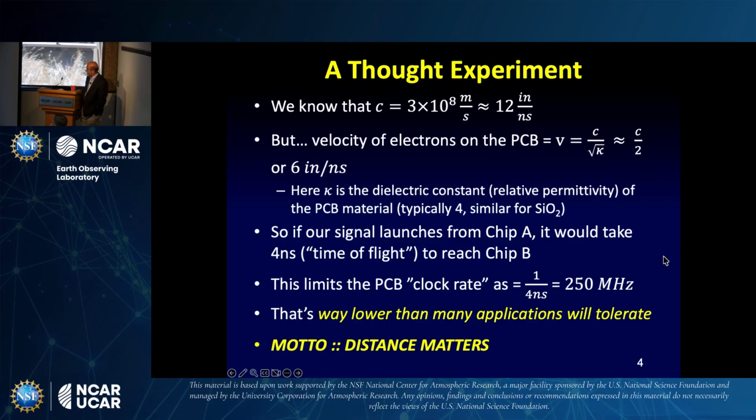This means that if our signal launches from chip A and goes towards chip B, remember it was 1 foot, it's 2 nanoseconds for one side, 2 nanoseconds for the other side. It's going to take a time of flight of 4 nanoseconds to go from A to B, which in computer speak is embarrassingly slow. 1 over 4 nanoseconds would be the clock speed if we were to generate a clock signal to orchestrate operations, and a clock is the atomic operation that any chip performs.